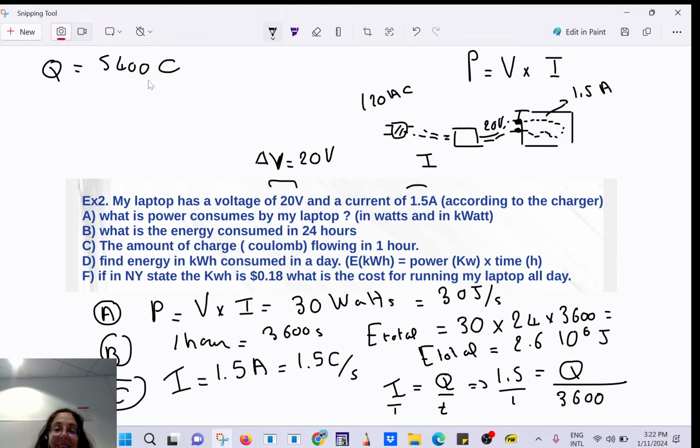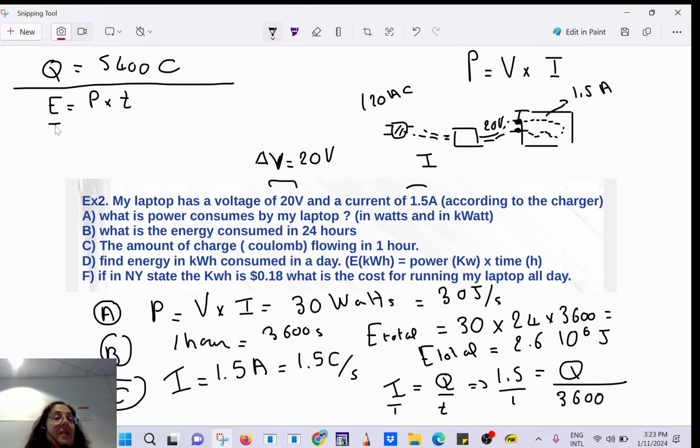So 5400 coulombs. Find the energy in kilowatt hour consumed in a day. This is something we didn't do yet, but kilowatt hour is a unit for energy. Remember, energy is power times time, because power is energy divided by time.